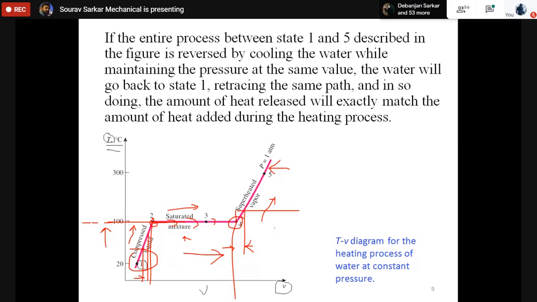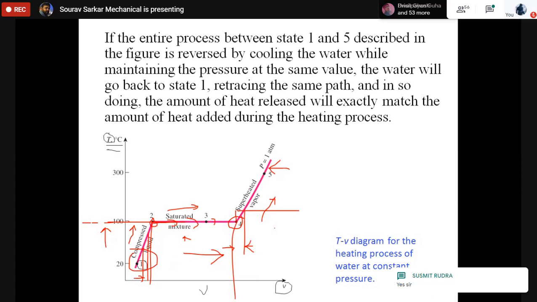Perfect. Just like we know that every Sunday, or maybe once a month, we use a pressure cooker. Is that right? Yes sir, some of them, maybe most of them. So what does a pressure cooker do? It increases the pressure so that the boiling point increases.